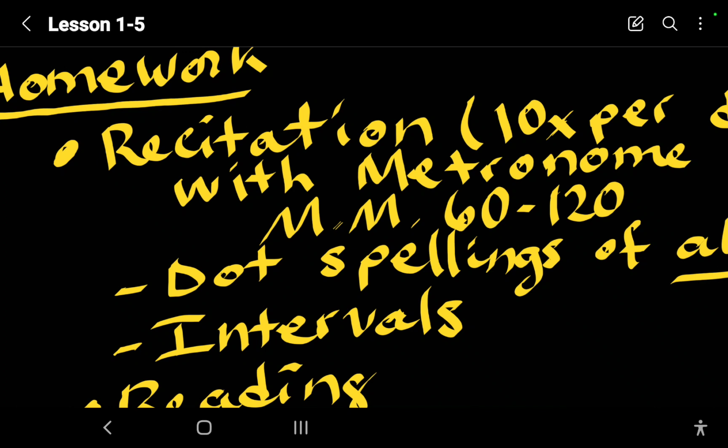Fa, 1, 2, 4, 5. If you were to squish all that into one beat, it would sound like this. Fa, 1, 2, 4, 5. It's a little late. Fa, 1, 2, 4, 5. Fa, 1, 2, 4, 5. So that's how that would work.